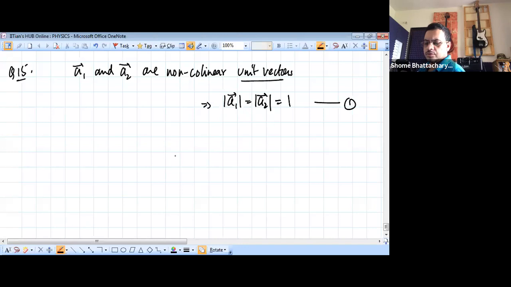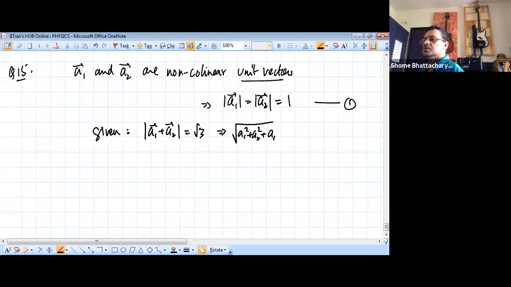And also, it is given that magnitude of E1 plus E2 is root 3. So this means that root of E1 square plus E2 square plus 2 E1 E2 cos theta is root 3.